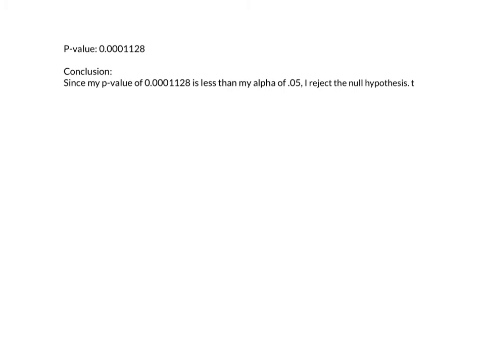There is enough evidence to convince me there is a difference in the mean pulse rate or mean heart rate of smokers and non-smokers.